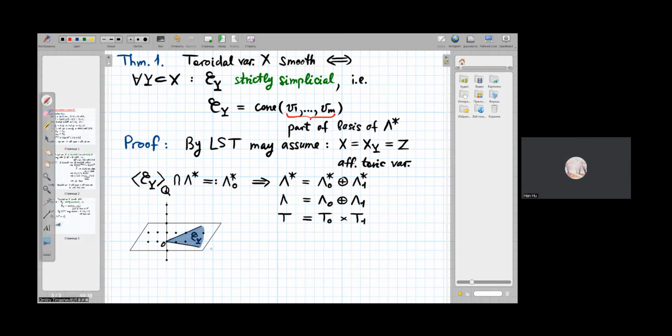And also, since the cone defining my affine toric variety X is contained entirely in the linear span of lambda naught star, we have the decomposition of X, which is now an affine toric variety, as a product of some affine toric variety with respect to T naught, corresponding to the same cone, of course, and the whole T1.